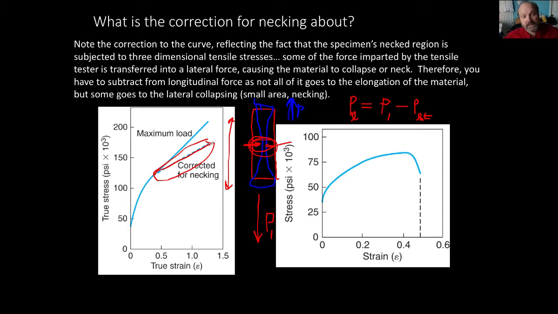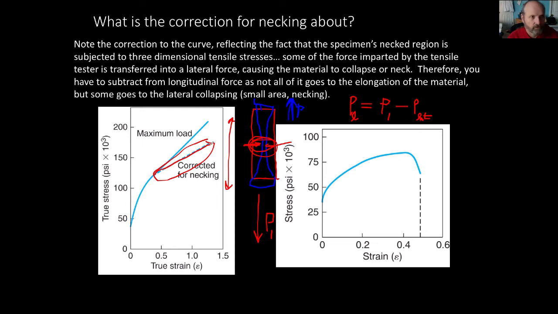And at the same time, you're feeling forces around your waist pulling you in, because the mass that's being stretched up has to come from somewhere when it starts to neck. So it's got to collapse on itself. There has to be some sort of lateral force causing that collapse, perpendicular to the z-axis. So in x and y, you've got forces coming in.